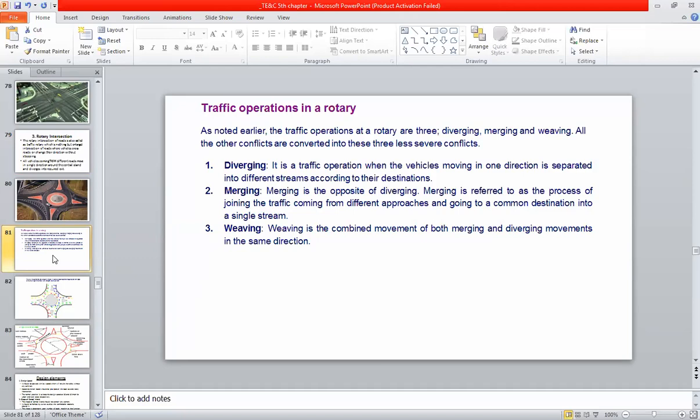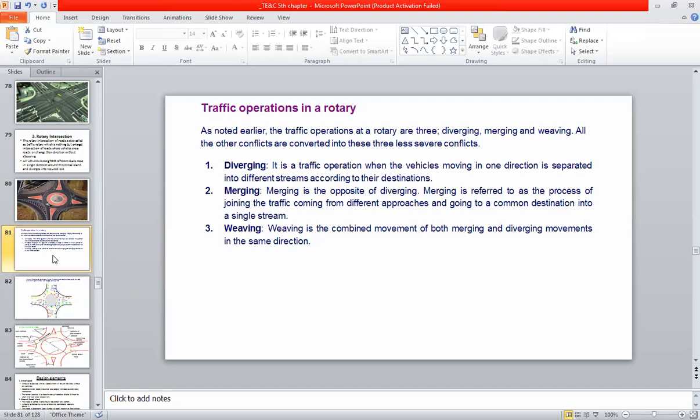Diverging is a traffic operation where vehicles moving in one direction separate into different directions. Merging is the opposite of diverging, where there is a process of joining the traffic coming from different directions. And weaving is the combination of both merging and diverging movement in the same direction.